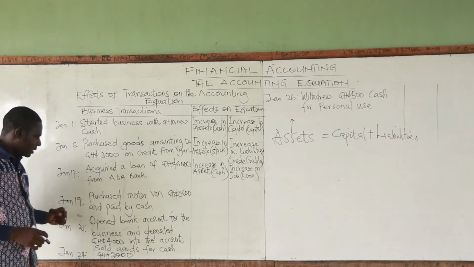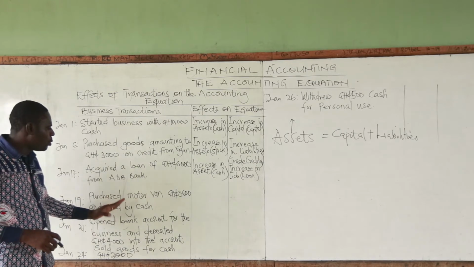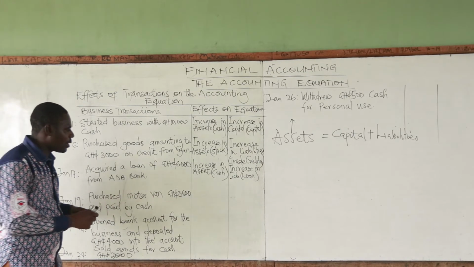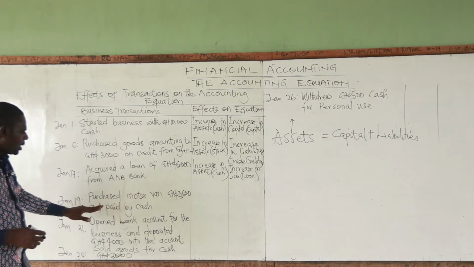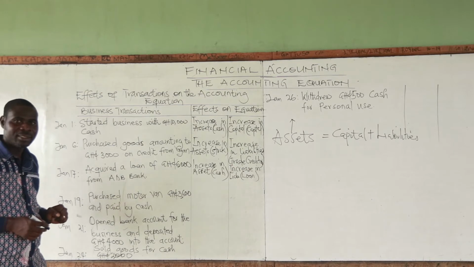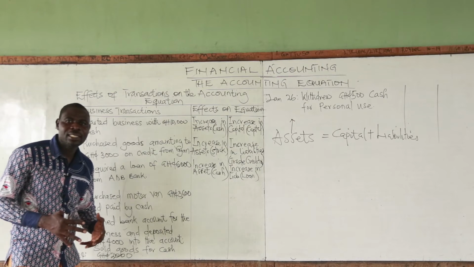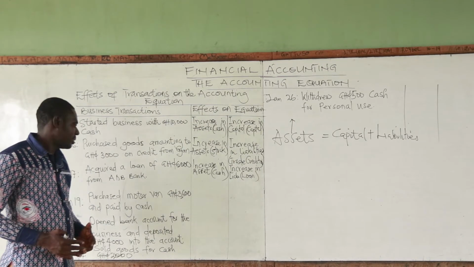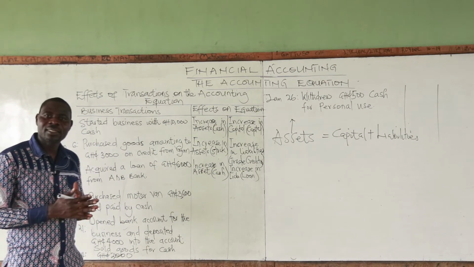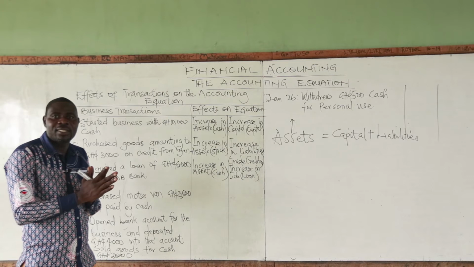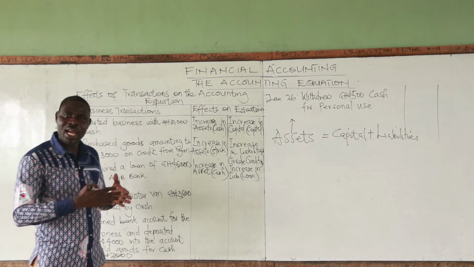Now, let's look at this transaction. January 19th, purchased motor van 3,600 and paid by cash. Have you seen that? We purchased a motor van and we paid by cash. This simply means that the motor van, which is a fixed asset, is coming into the business. We have bought it, so the motor van will be ours.